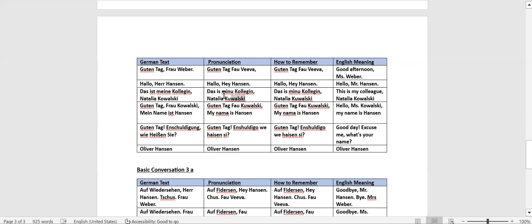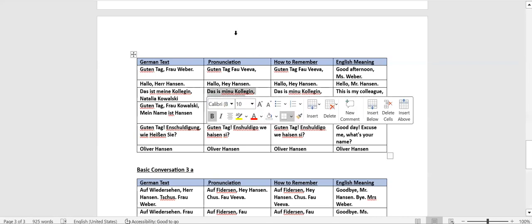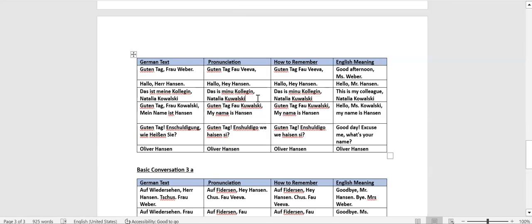How do we say this in German? Das ist meine Kollegin Natalia Kowalski. Meine means my. This is my Kollegin Natalia Kowalski.